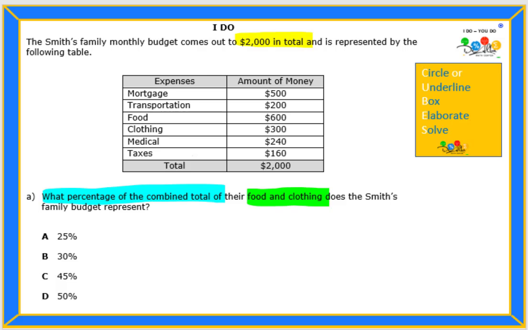So we want to make sure that we are circling and underlining the important information, and then we're going to go ahead and box in our question. What percentage of the combined total of their food and clothing does the Smiths family budget represent?